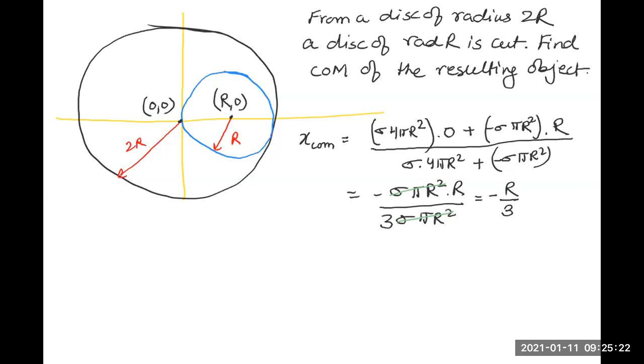So the center of mass of the combined object, from which the disk has been removed, okay? So the maths is telling you that the center of mass will be r by 3 distance along the negative x-axis.